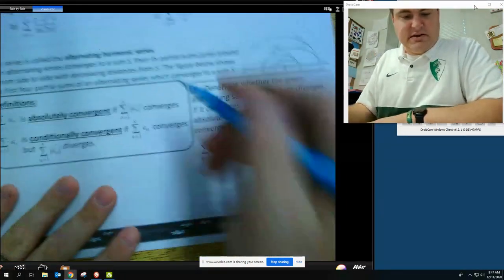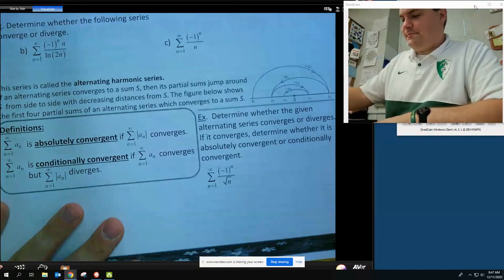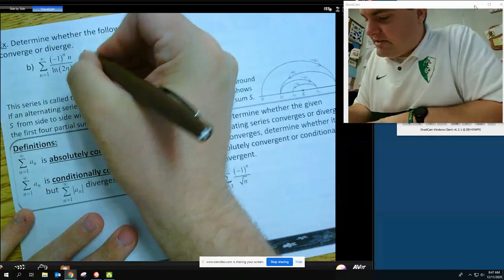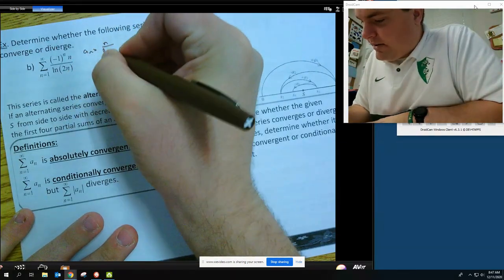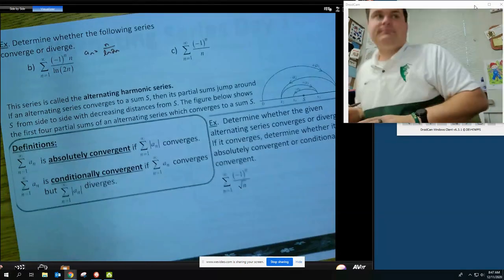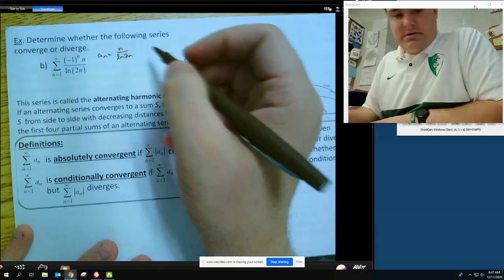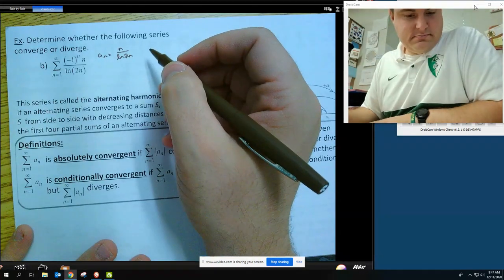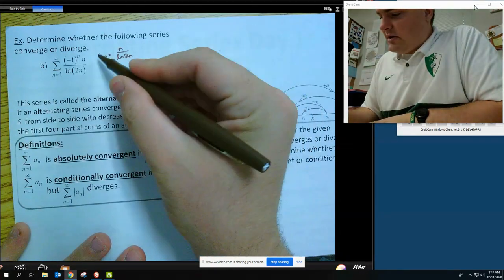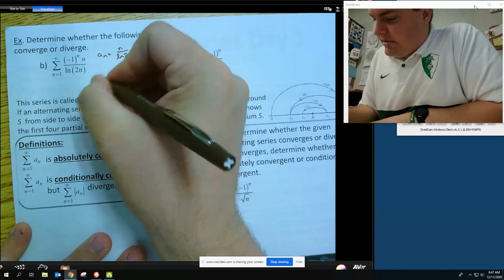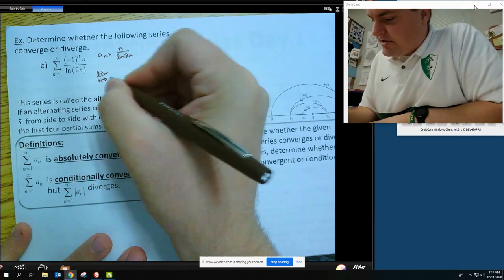All right, so let's go ahead and talk about these guys right here. So I'm going to have a sub n equal to n over ln of 2n. I'm just looking ahead at the limit here. I do know this one also does not equal 0.